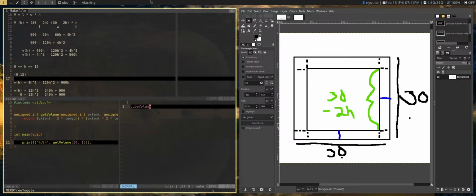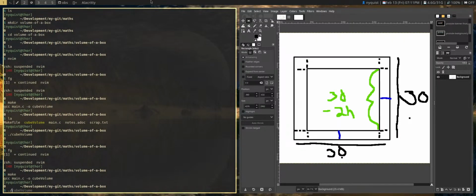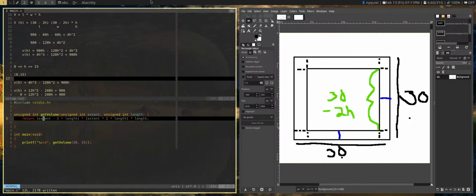So that isn't right. U is for unsigned ints. I know that. Oh, you know what? We should be doing this first.